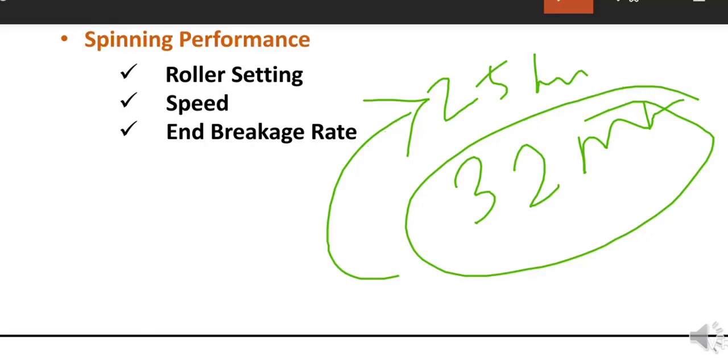We'll be discussing this in detail under the unit yarn evenness. So, it is required to set your rollers based on the length of the fiber. Second is speed.